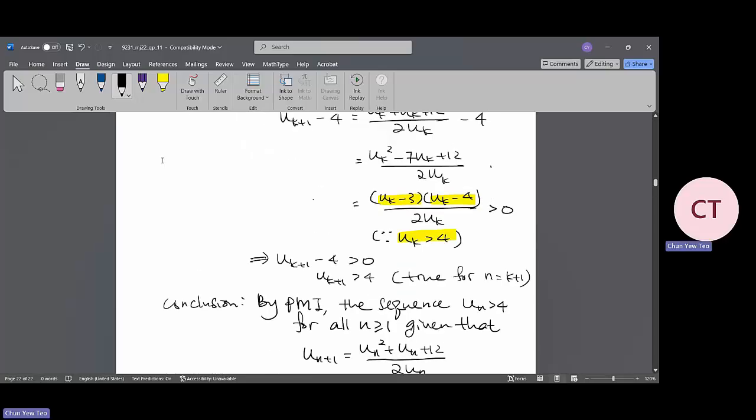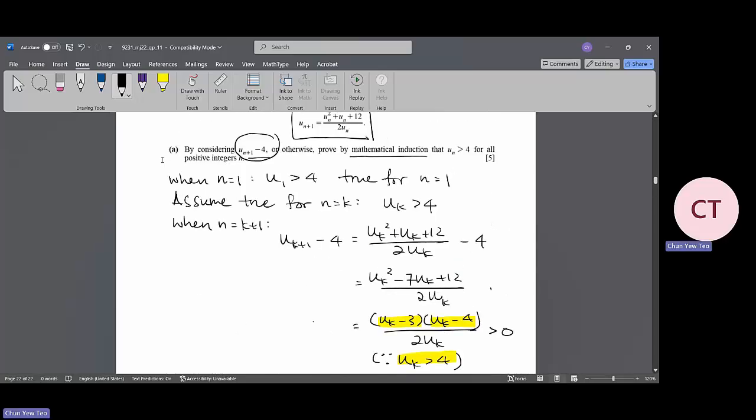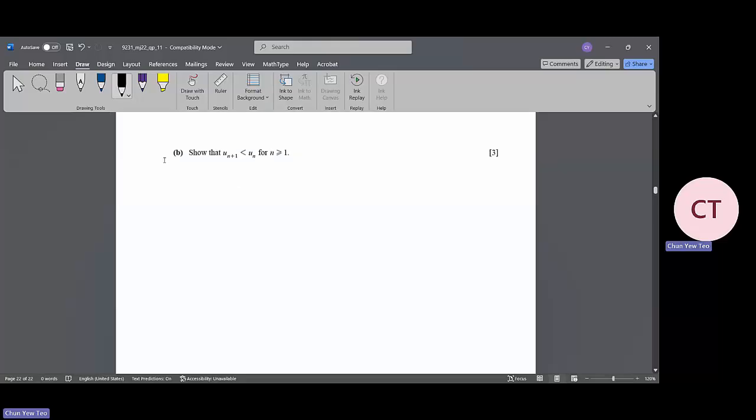So now we move on to question number 2. Question number 2, show this. So again, we will follow the idea, not the method, in part A. We want to show this less than 0, then we can show that it fulfills this.